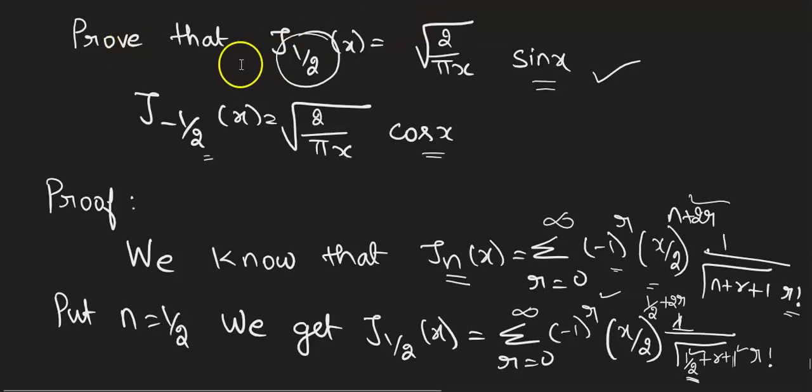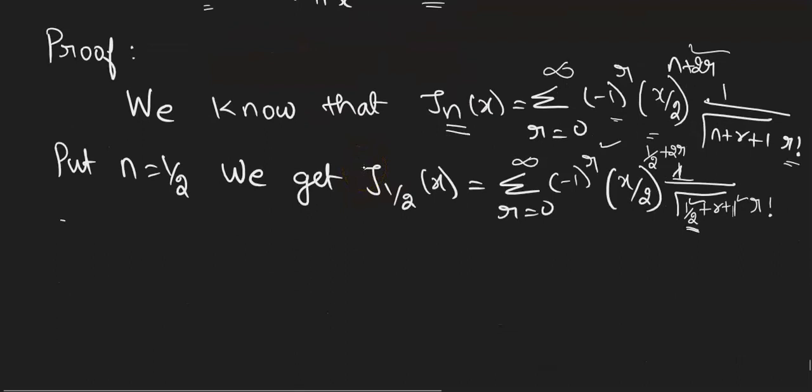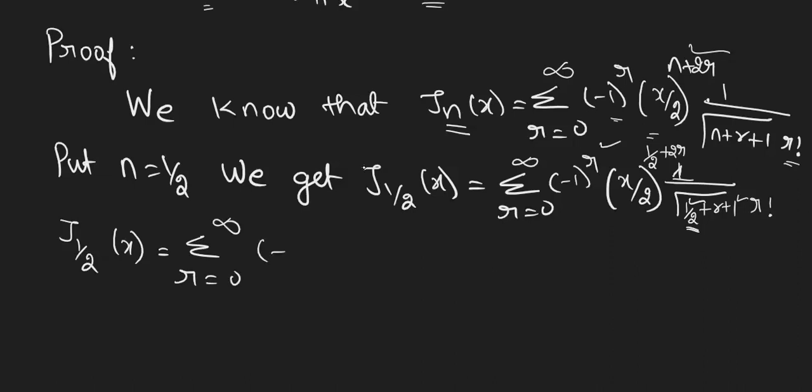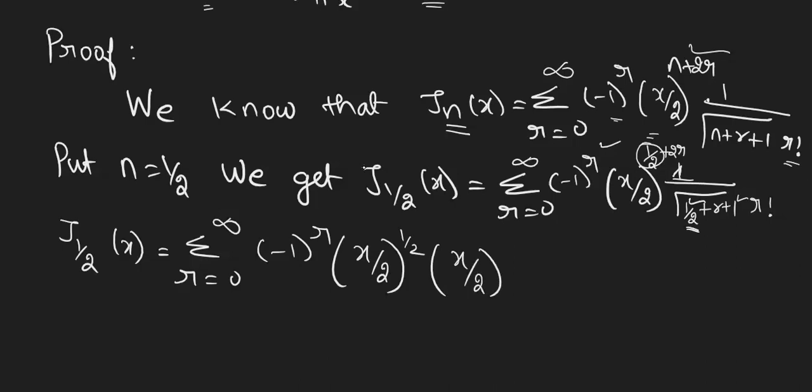So I can rewrite the same thing as J half of x equal to the summation from r equal to 0 to infinity of (minus 1) power r into (x by 2) power, if I take the LCM, actually (x by 2) power 1 by 2 you can write separately, into (x by 2) power 2r.